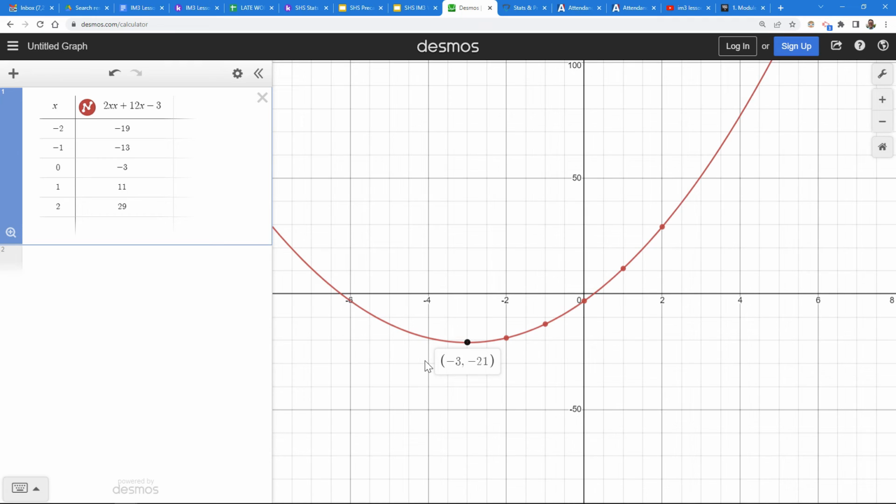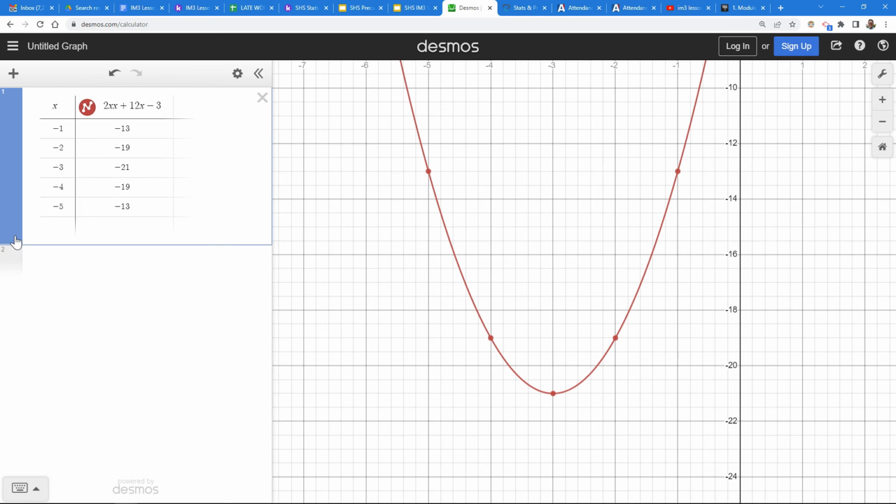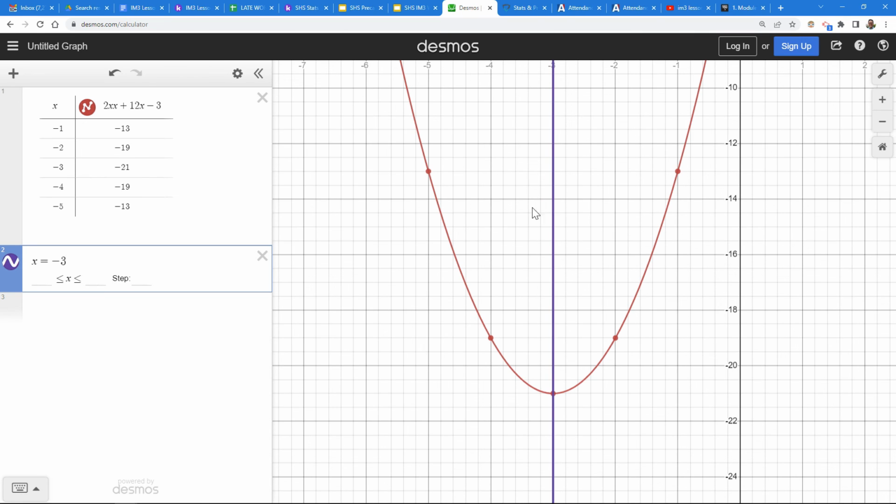This is your axis of symmetry, so x equals -3. And I'm going to show you something else. If I actually just graph x equals -3, that shows me my axis of symmetry here. So that's how you get a table of values and your graph using Desmos.